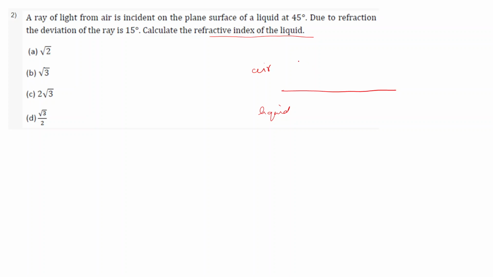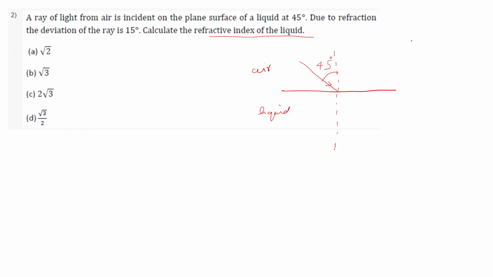The ray of light is coming, is incident, and as we know, we always take the angle of incidence from the normal to the plane or to the surface. So the ray of light from air is incident on the plane surface of the liquid at 45 degrees. So the angle of incidence is 45 degrees. And due to refraction, there is a deviation of the ray, since the angle of incidence is not equal to the angle of refraction.